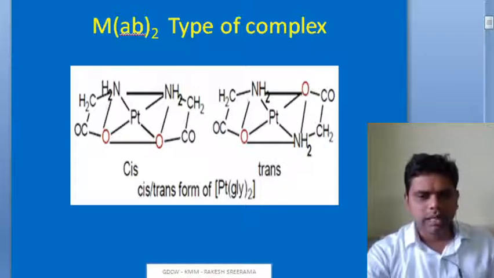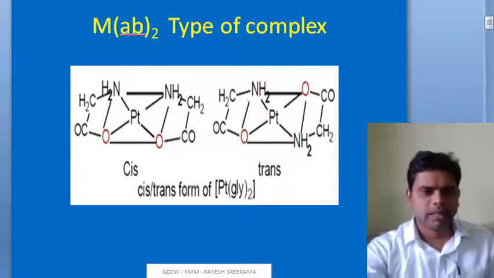So in this type of MAB2 type of complexes, if in the bidentate ligand similar kind of atoms fall on the same side, have a look at the first structure. In glycinato, one amine is on the top and another glycinato's amine is also on the top, which means they are close.